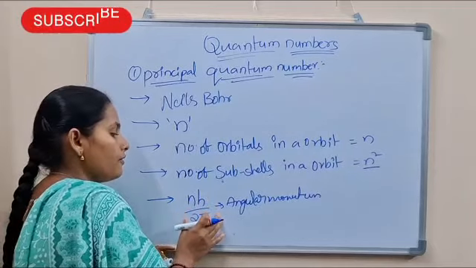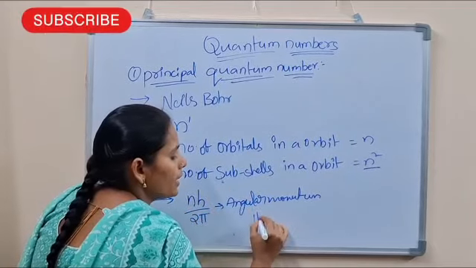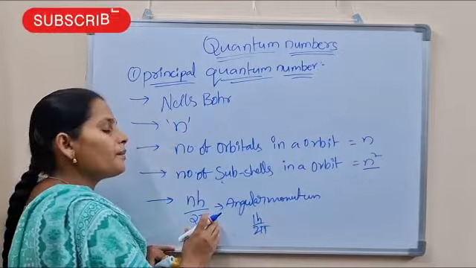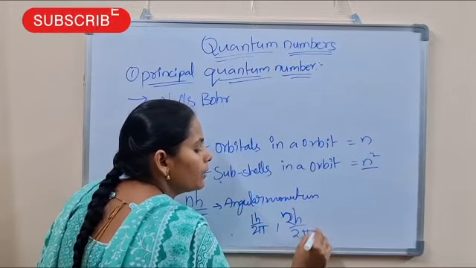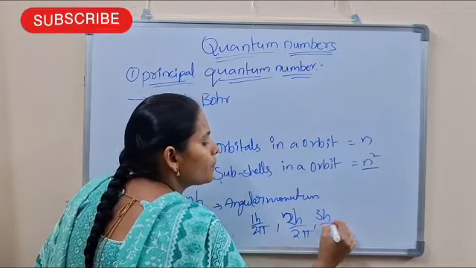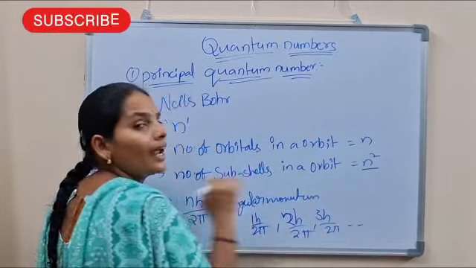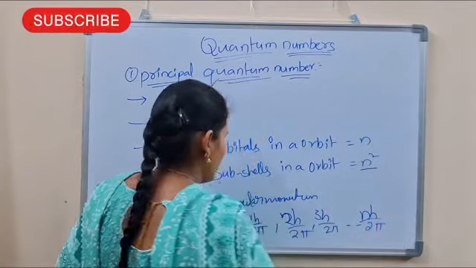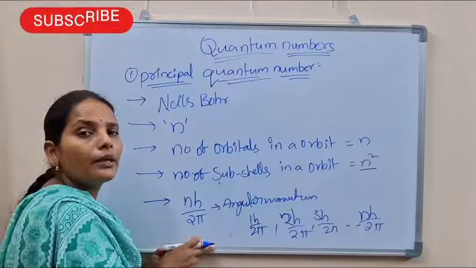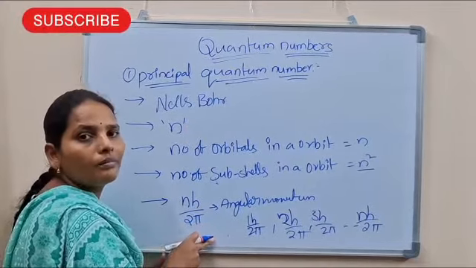For the first orbital it is 1h by 2 pi, for the second orbital 2h by 2 pi, for the third orbital 3h by 2 pi, and for the nth orbital it is nh by 2 pi. This is the angular momentum according to the principal quantum number.